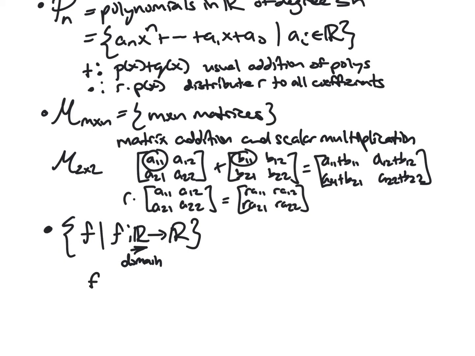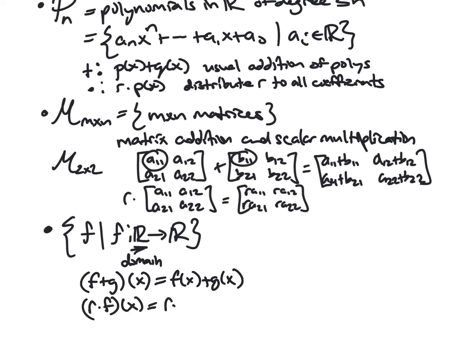And here, you define the addition of functions by how it acts on a given value. Again, it's exactly what you would expect, f of x plus g of x. And if you have a scalar times a function, it's just you do the function first and then multiply it by that scalar. Okay, so these are the two operations here.